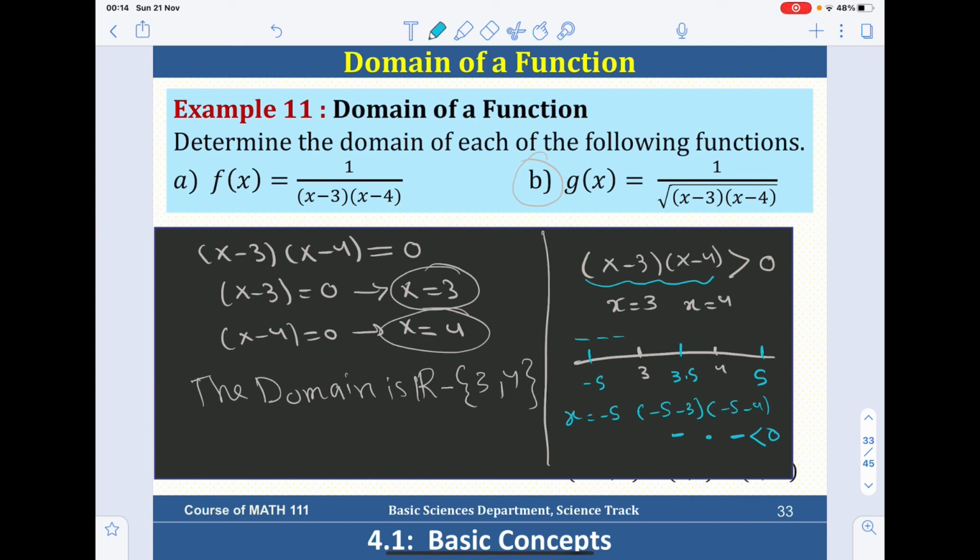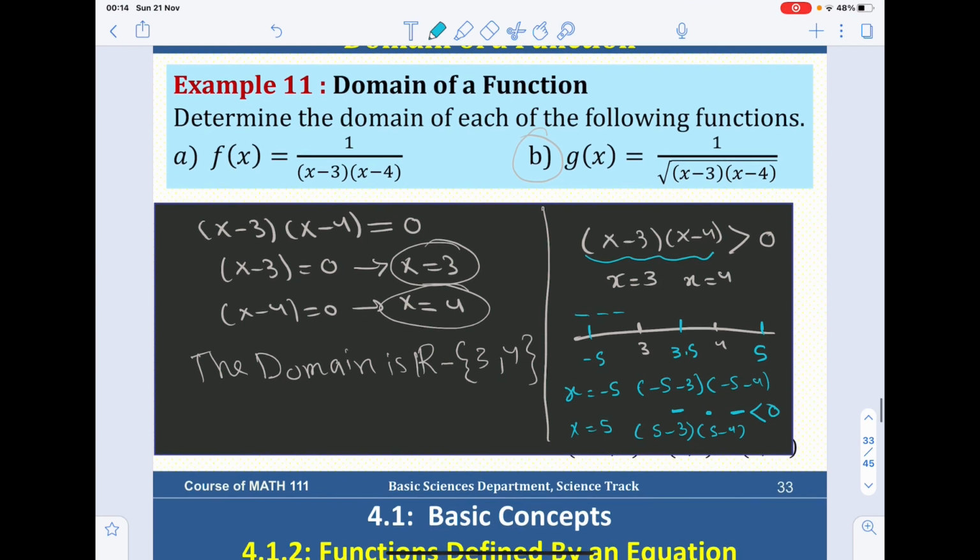Now let's try x equals 5. When x equals 5, I would have 5 minus 3 times 5 minus 4. This value would be positive, and this value would be positive. So positive times positive is positive.